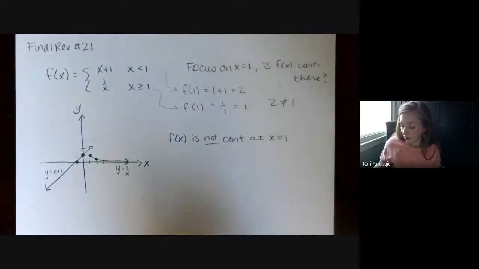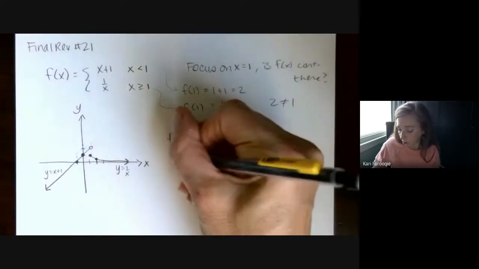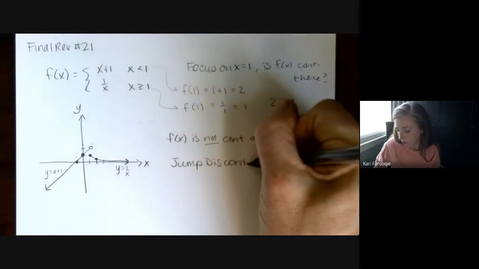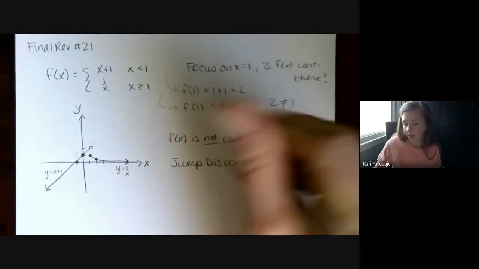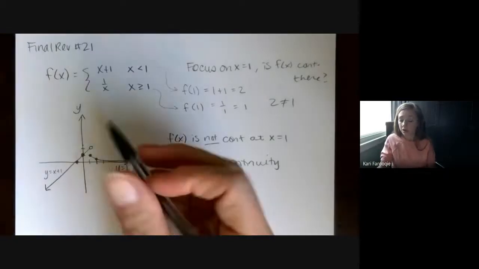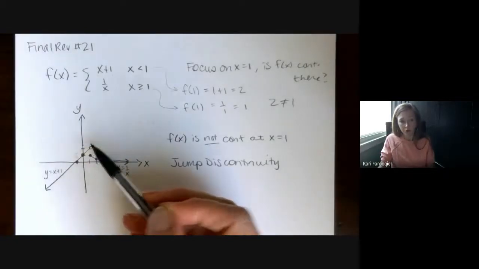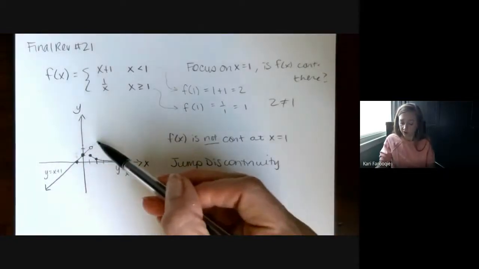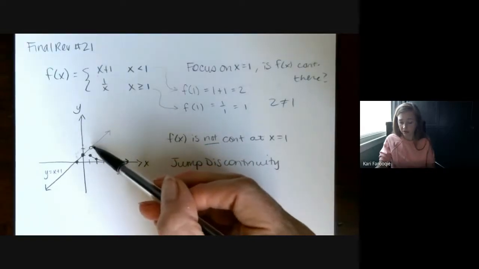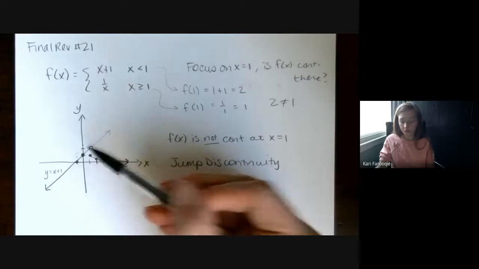All right, so the type of discontinuity would be a jump discontinuity. Remember that a removable discontinuity is just this hole in your graph. So a removable would be a hole where the graph would keep going. So like if I had a situation where this line kept going, well then in that case, I would say that this discontinuity was removable.